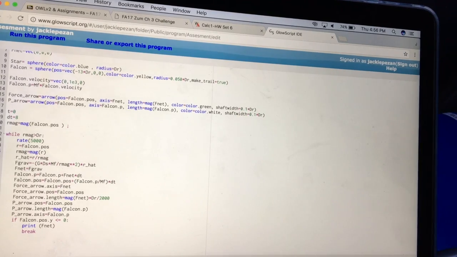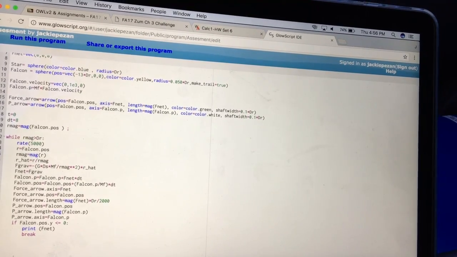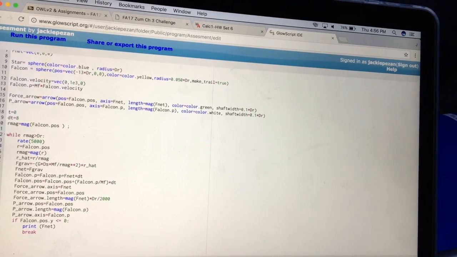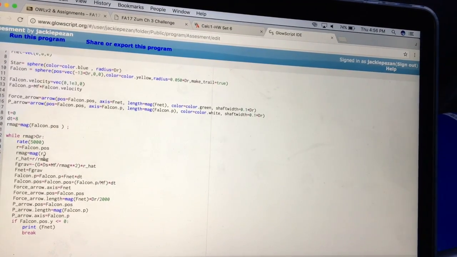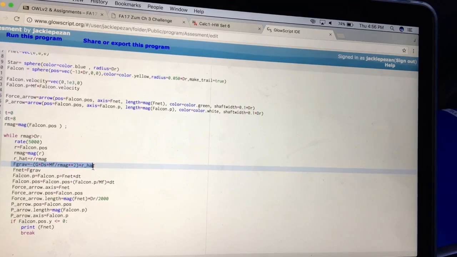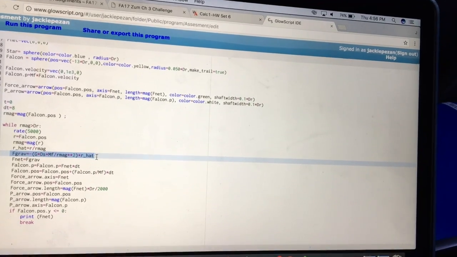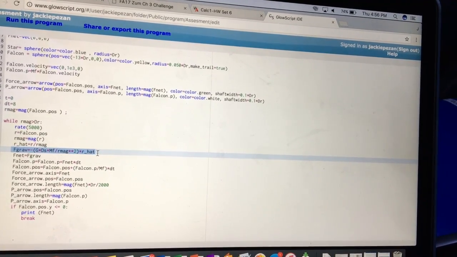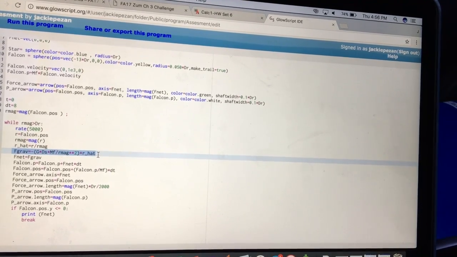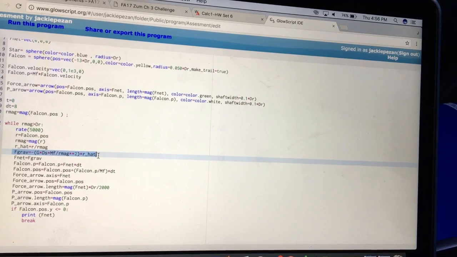We defined our rate, and in line 24, we defined our Falcon position as r. With r, we find r magnitude, the magnitude of the position, and then r hat, which eventually led to this important formula: gravity is equal to our constant G times our masses, and this is negative, all divided by r mag squared, times r hat.